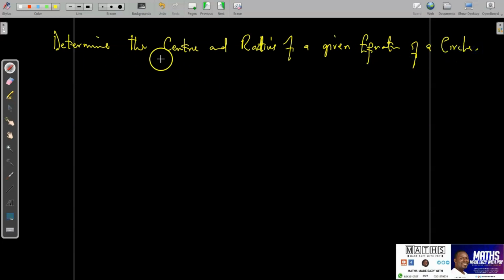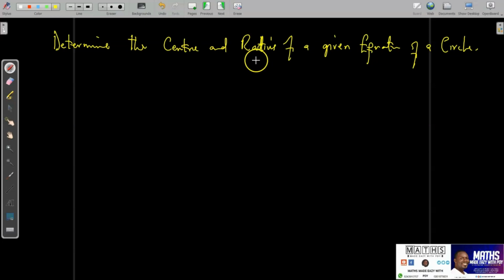So that's what we want to look at. Let's take it that you've been given the equation of the circle, but they want you to deduce the center as well as the radius.